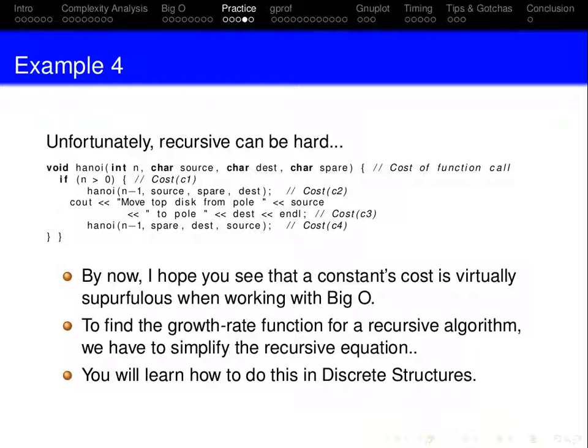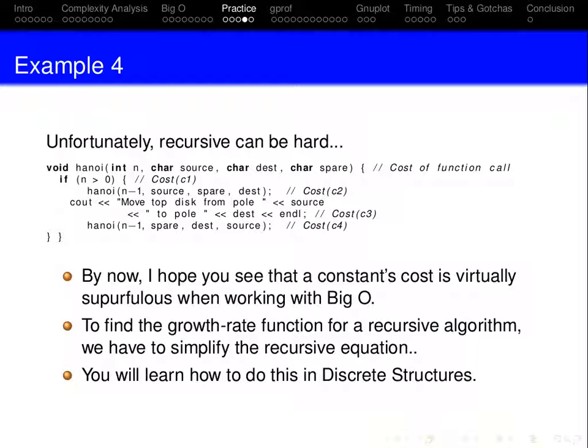Yes? Why is it T of n plus 1? You didn't see that. Okay, you see what I did here? I simplified the cost down to 1 because if you take a lot of constant cost, it's O of 1. So I'm just going to call it 1 for now to make our lives easier. We could use c, but I'm going to stick with 1.